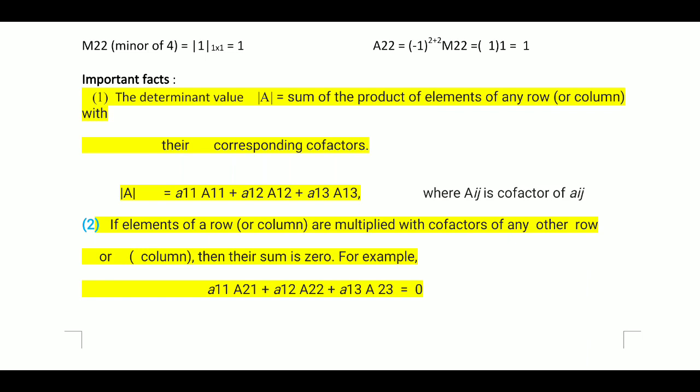It is multiplied, plus a12, the first row second column element, multiplied with the cofactor of the second row second column element, plus a13, the first row third column element, multiplied with the cofactor of the second row third column. Then the row is completed, so the result gives 0.